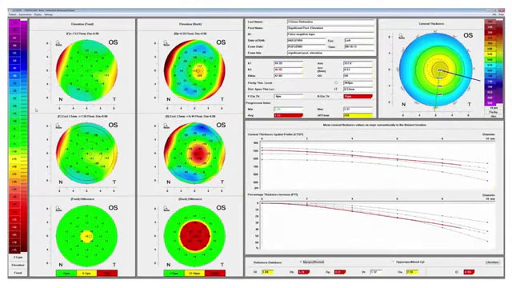Here's an example of a patient with early ectasia, and again, we see some abnormalities on the maps there. Those are elevation maps, and the ones that are turning yellow and red, those are the posterior elevation maps. We see some abnormalities in the pachymetric progression. We also see that several of the indices are turning yellow or red, indicating that this is an ectatic patient.